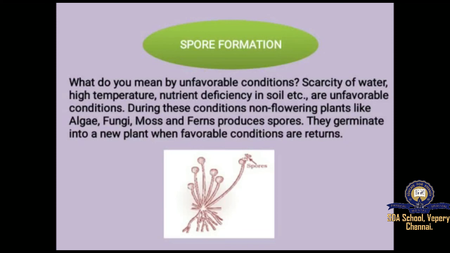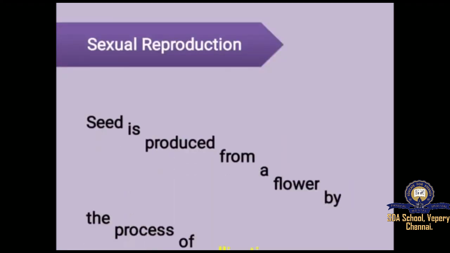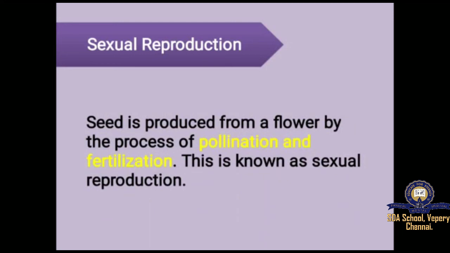I hope you all understood what is sexual and asexual reproduction and what are the ways of sexual reproduction and asexual reproduction in plants. Now we will do a recap of what we learned. We learned about the two ways of sexual reproduction in plants: pollination and fertilization.